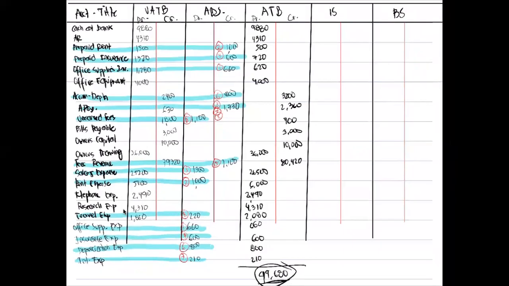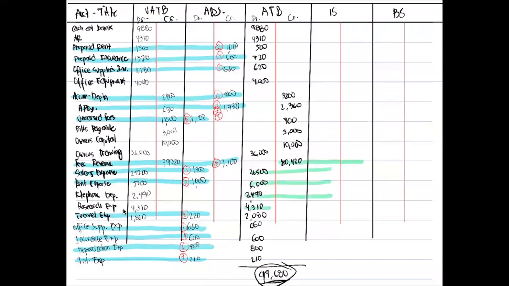Now we proceed to our income statement. So for our income statement, what will we forward? We will forward only the items of revenues and expenses. So what are our revenues? Fees revenue. So that is what we forward. And then we have here your salaries expense. We also forward that. Rent, we forward that.